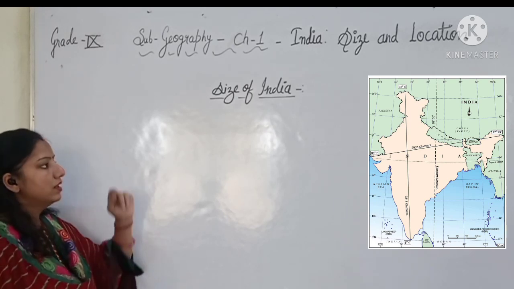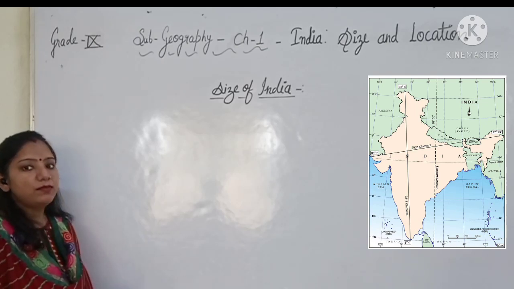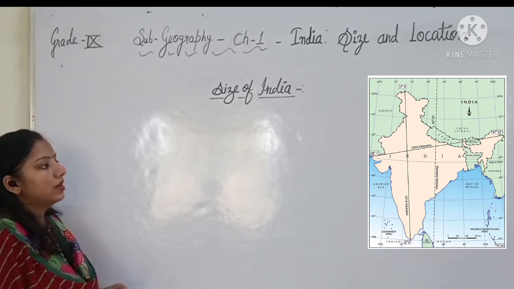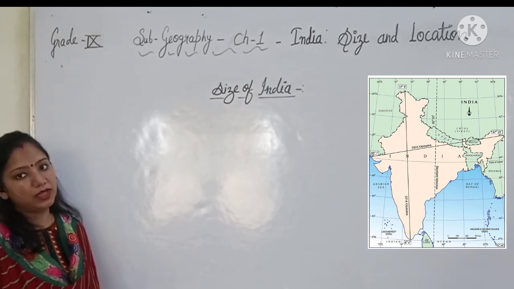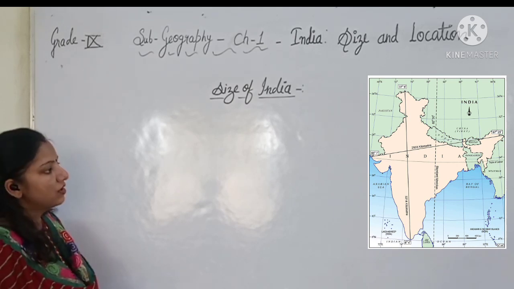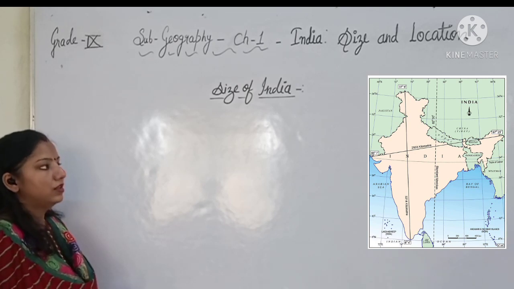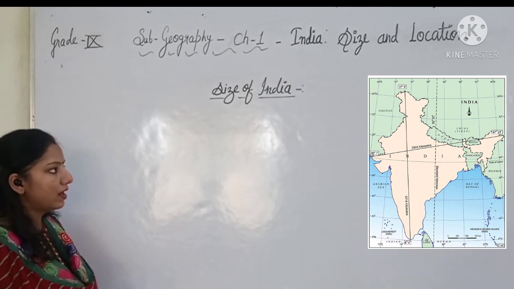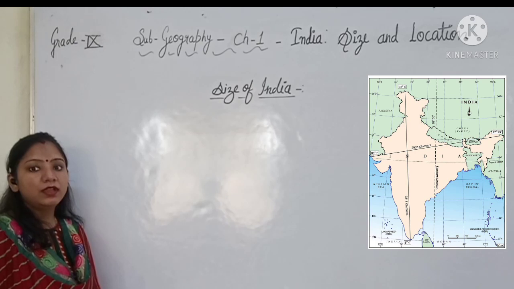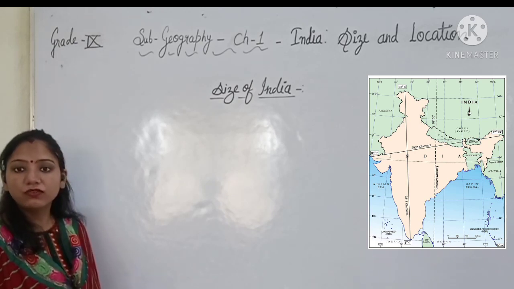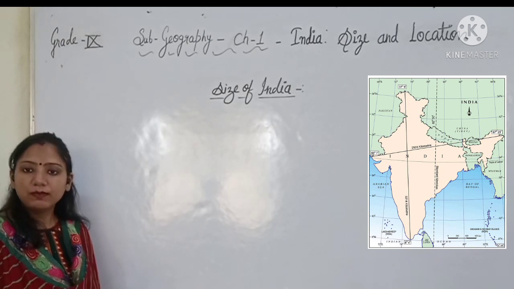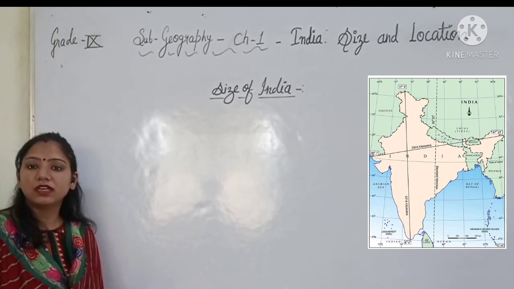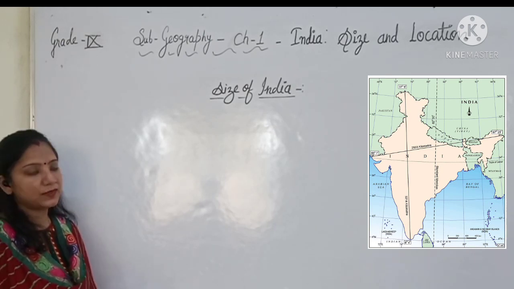So first of all, the land boundary. The land boundary is covered with the new folded mountain known as the Himalayas. It is stretched across the eastern, northeastern, northern and western parts. It is totally covered with the new folded Himalayas, which are also categorized into three parts, about which we will study in our second chapter.